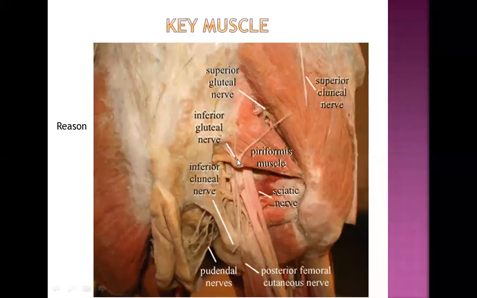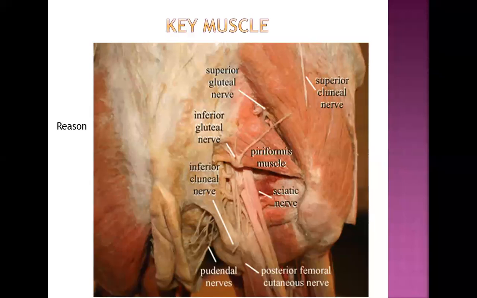So the answer is that the nerves and the blood vessels in the gluteal region are named in relation to the piriformis.